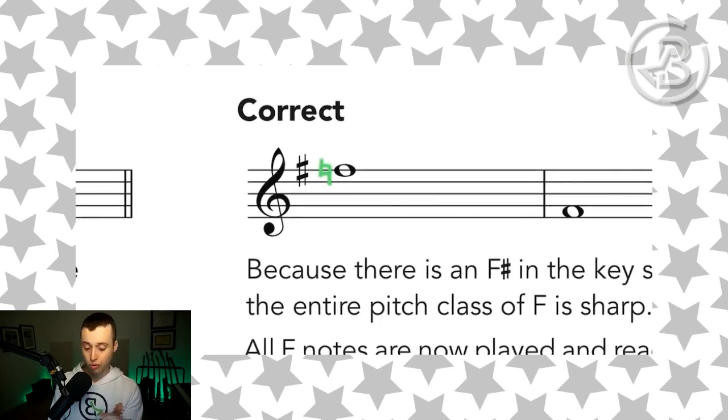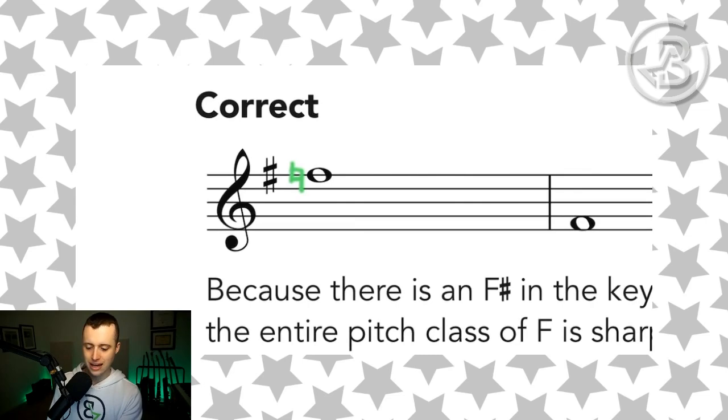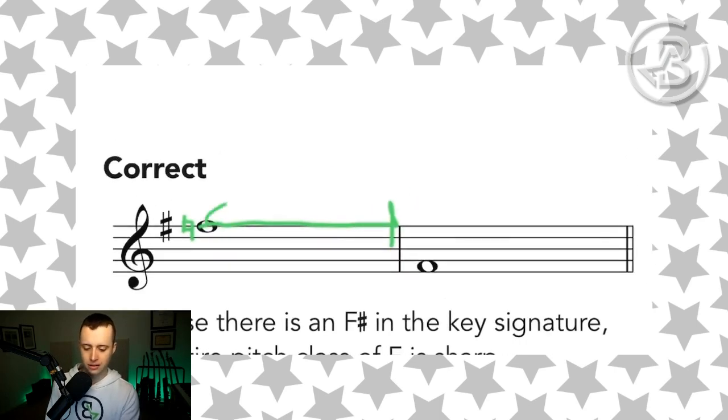And as you may remember from our accidentals, this accidental only holds power for this measure, unless it's tied to another note. So that's why you would use natural accidentals. It's when you have a sharp or a flat in the key signature and you want the note to no longer be sharp or no longer be flat, you put an accidental in front of it and that would make it sound natural.